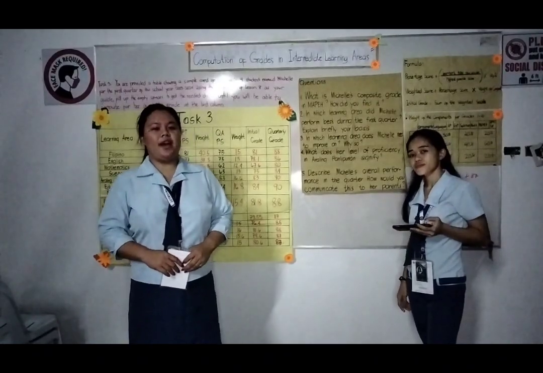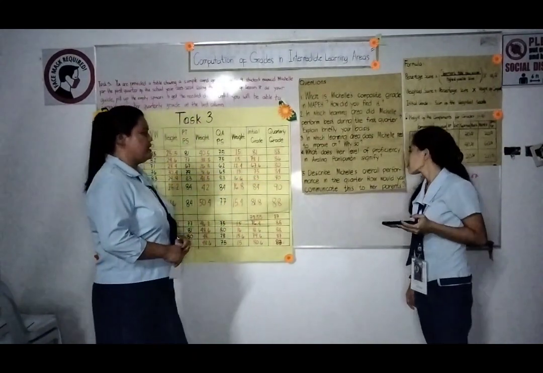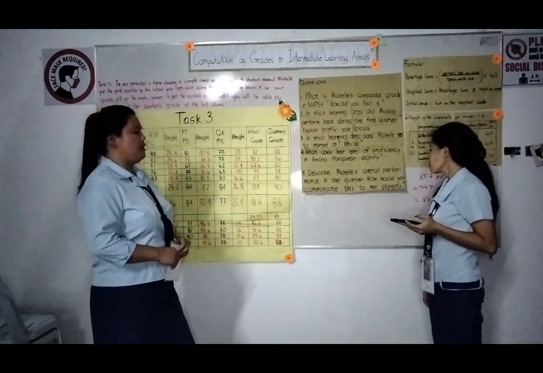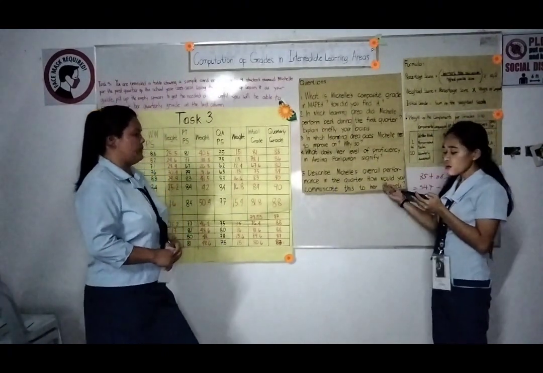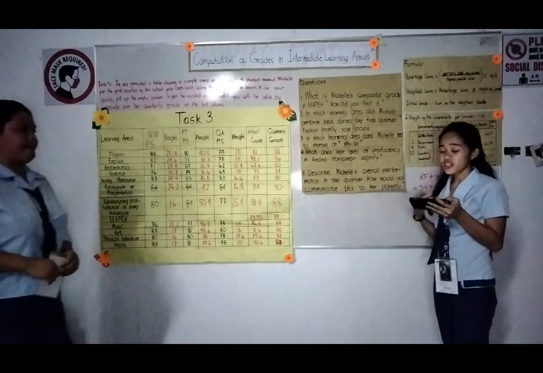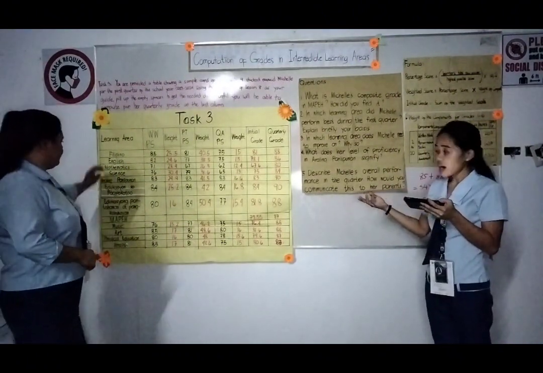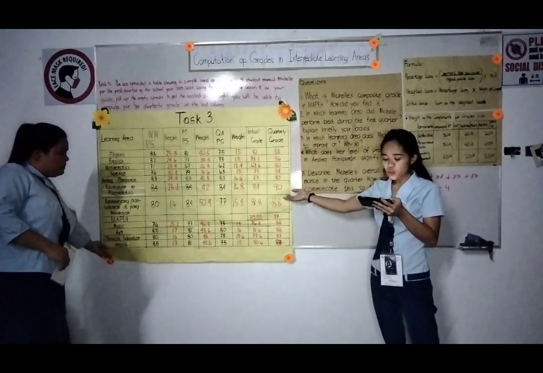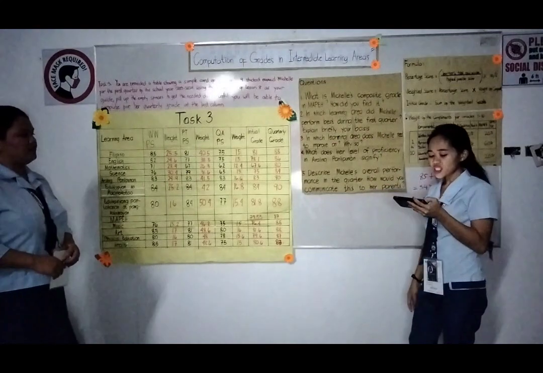Okay, so next we have number 5. Describe Michelle's overall performance in the quarter. How would you communicate this to her parents? Michelle's overall performance in the first quarter is commendable. She excelled in subjects like Araling Panlipunan and Edukasyon sa Pagpapakatao, demonstrating a high level of proficiency.